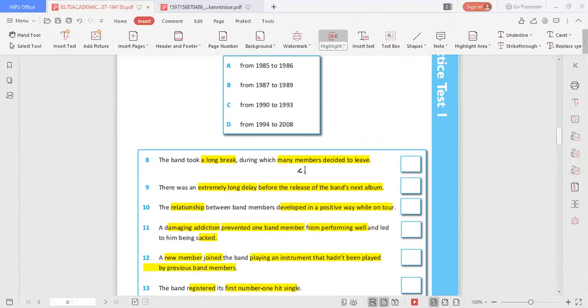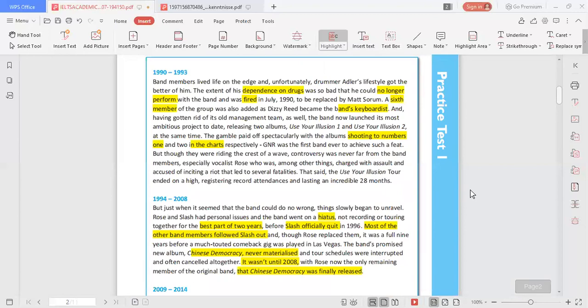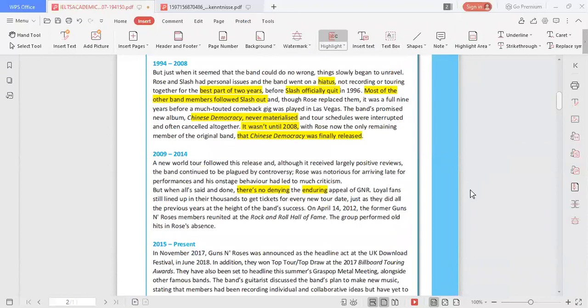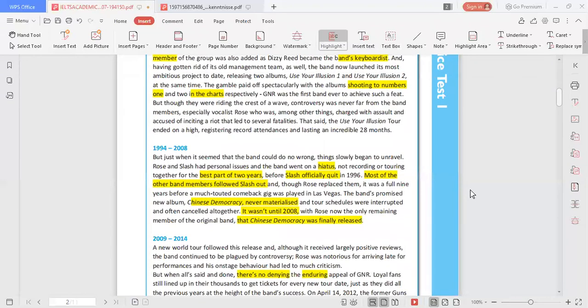We go to number 9. There was an extremely long delay before the release of the band's next album. For me, all these words are keywords: extremely long delay before the release of the band's next album. So I go on and I read very fast through it. And I come across, yes, in the same 1994 to 2008, the album Chinese Democracy. It never materialized.